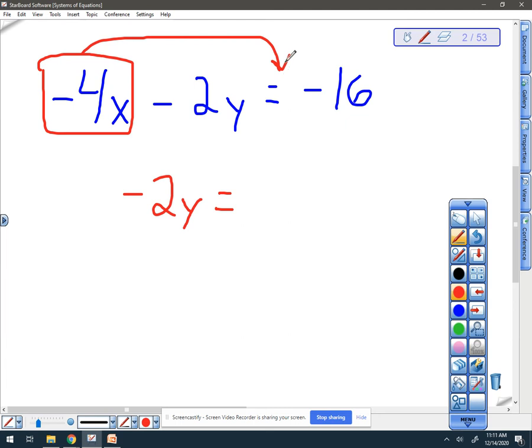So instead of being negative 4x, it becomes positive 4x. And then I've got a negative 16, so it's just minus 16. All right, so this stayed exactly the same. This stayed exactly the same. The only difference is we took this, we changed its sign, and we put it after the equal sign.